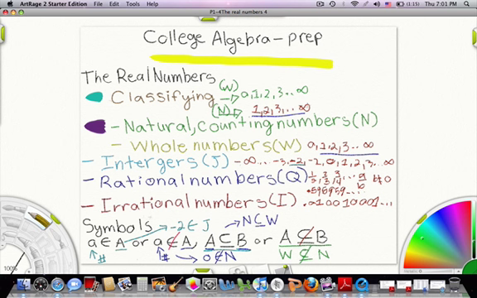It doesn't work here because there's no 0. That validates that the whole number members are not a part of the natural number members. When you're doing this, you have to look at all the numbers and they all have to fit. In this case, they don't all fit because we don't have the 0 down here in the natural numbers.